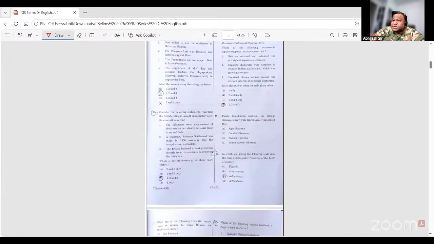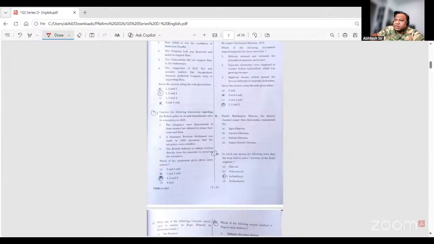Then we see history, then again British history, then Montesquieu, again British history, then a current affair, personalities actually, and then which among the following text is from, then this is also ancient history.